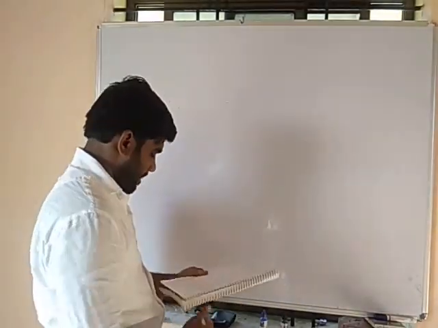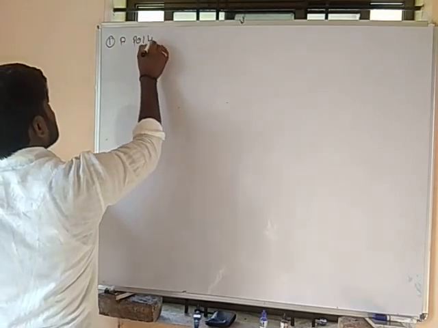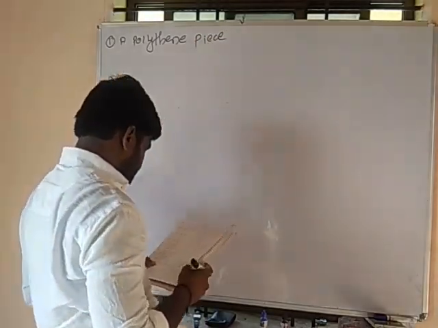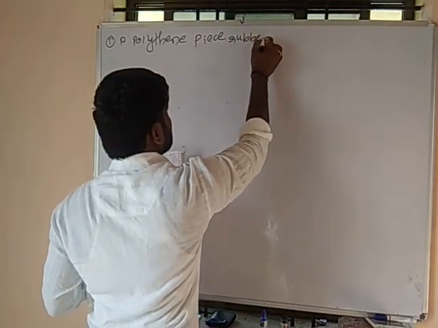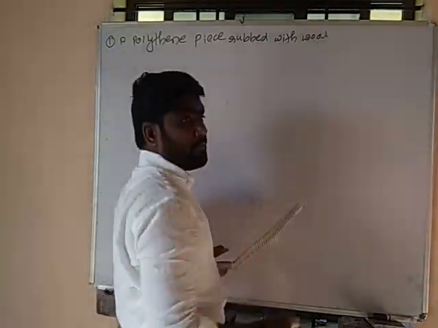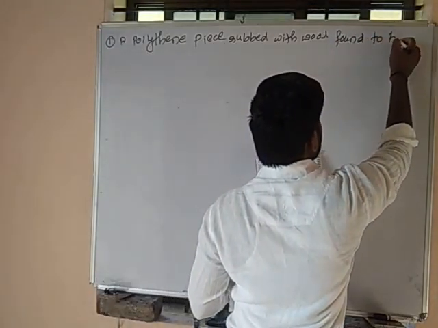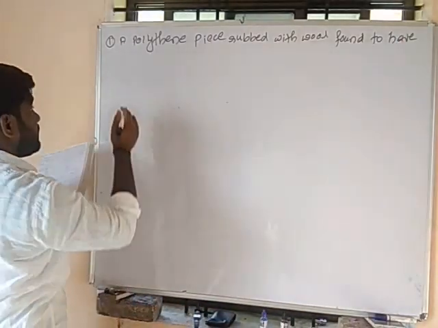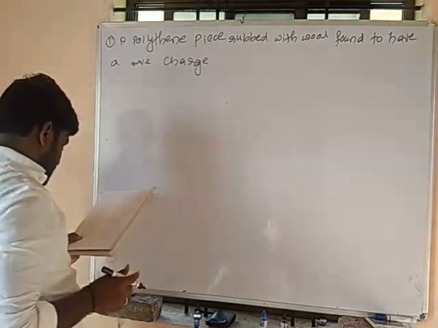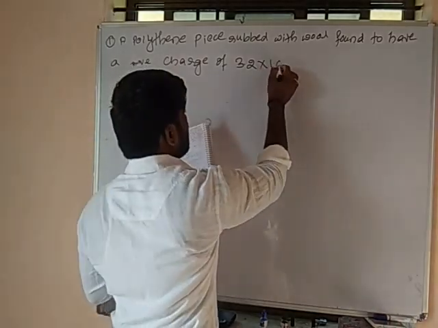So, first problem: a polythene piece rubbed with wool is found to have a negative charge of 3.2 into 10 to the power minus 7 coulomb.